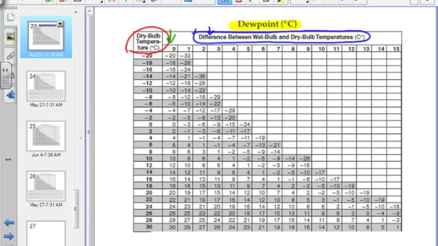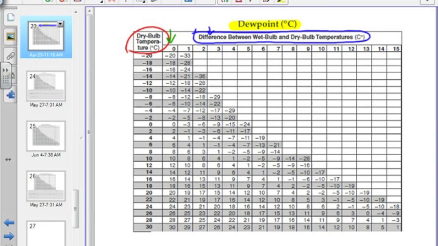Dry bulb equals wet bulb. So just remembering that, don't count over the number of columns. Always check your heading and make sure that heading matches whatever you're interested in finding. And then once we have a row for your dry bulb temperature and a column for your difference between the dry and the wet bulb, where they intersect will be the value for dew point.